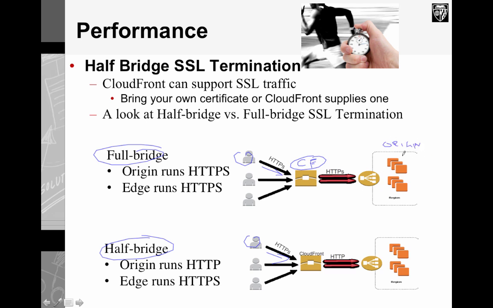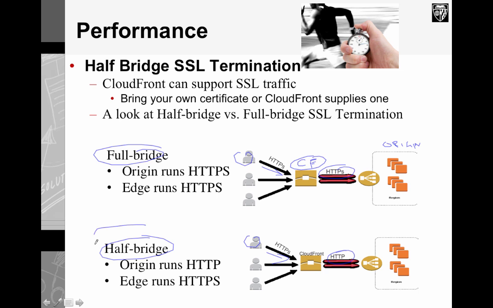The connection between CloudFront and the origin can be HTTPS or it can be HTTP. Now, we don't want our end user client to come to origin over HTTP, but we can surely have our CloudFront, which is our partner, our CDN provider who's serving content on behalf of us, come over HTTP.